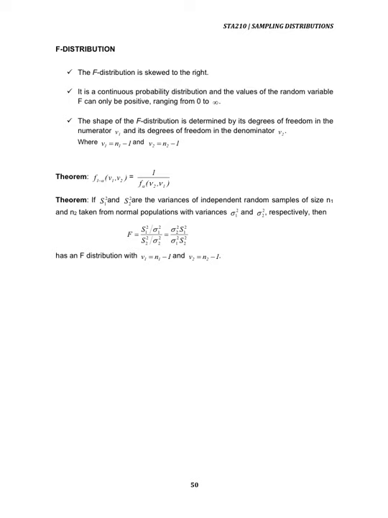It is a continuous probability distribution and the value of random variable f can only be positive, ranging from 0 to infinity. Kalau normal distribution hari tu, Z dia boleh jadi from negative to positive, right? The shape of F distribution is determined by its degree of freedom in the numerator V1 and its degree of freedom in the denominator V2. So V1 is n1 minus 1, V2 is n2 minus 1.